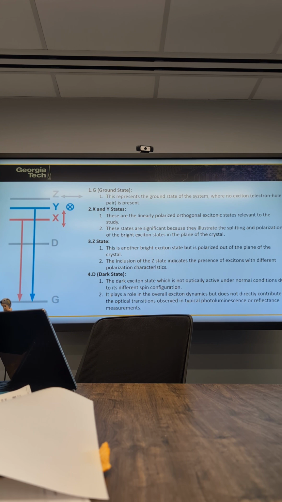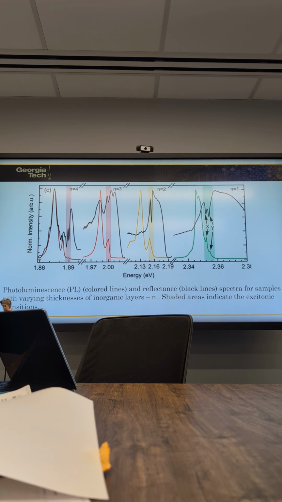Okay, what's next? Here they make this study of photoluminescence and reflectance for the samples with different layers of the perovskite crystals, right? If you notice, the energy increases when the number of layers decreases.